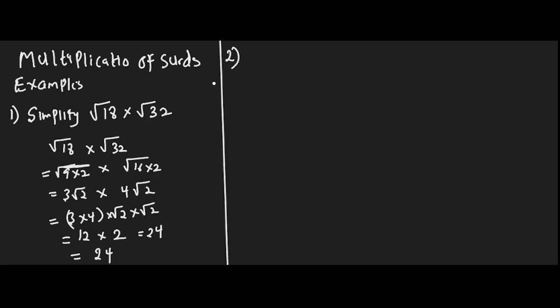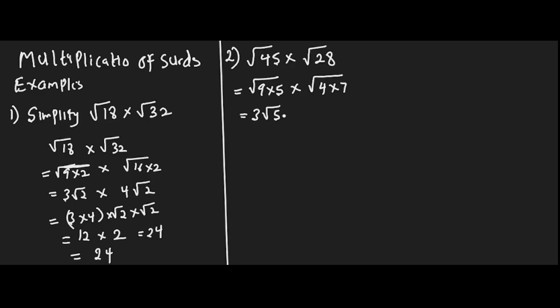Another example, root 45 times root 28. What we'll do here also is express this in its basic form. It is going to give us 9 times 5. Expressing this in its basic form is going to give us 4 times 7. Here is 3 root 5 times 2 root 7.